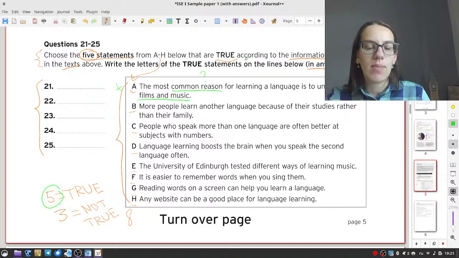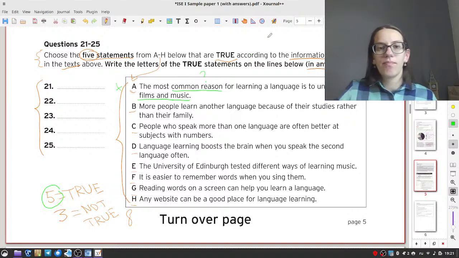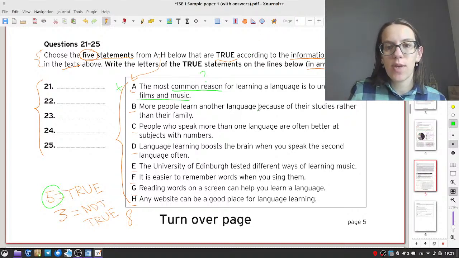Let's look at B. More people learn another language because of their studies rather than their family. So again, this is comparison. And this is because. Because means it's about the reasons.